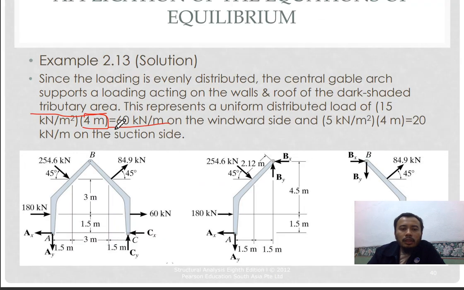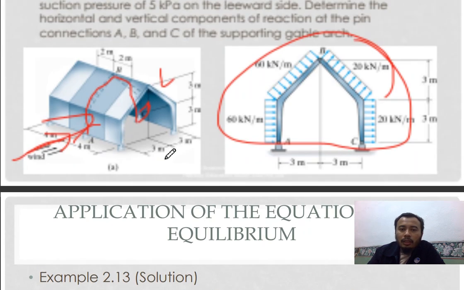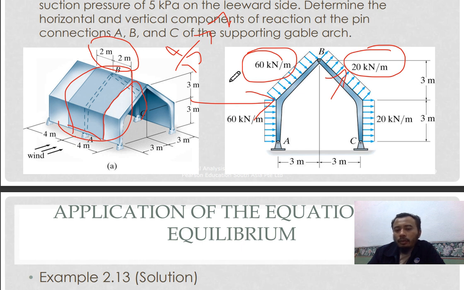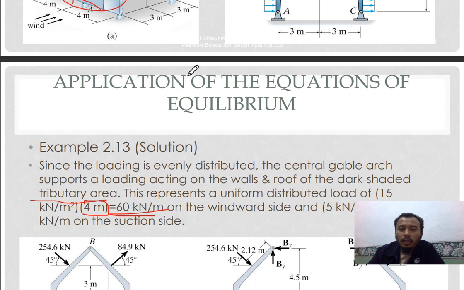Which is equal to 60 kilonewton per meter on the windward side, and 5 times 4, which is equal to 20 kilonewton per meter on the suction side. This is on the windward side, and this is your leeward side. Suction is the upward force, and this is the downward force or wind loading.